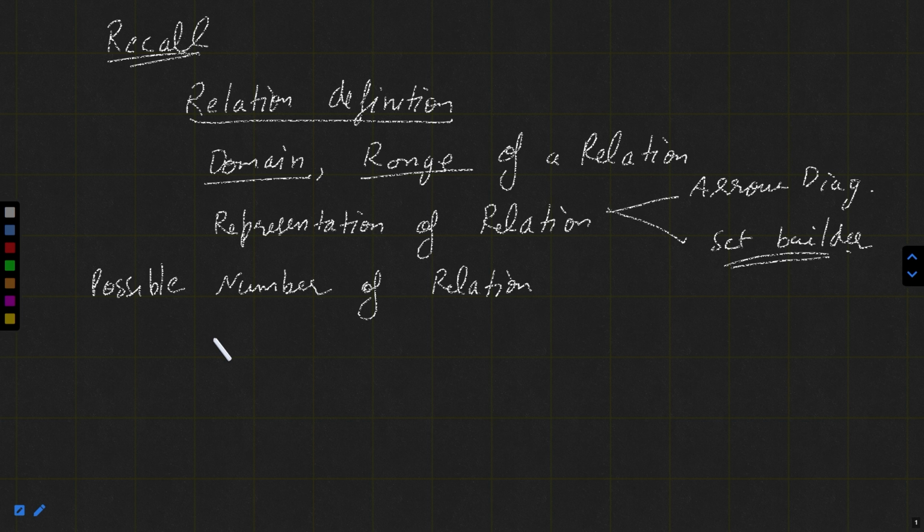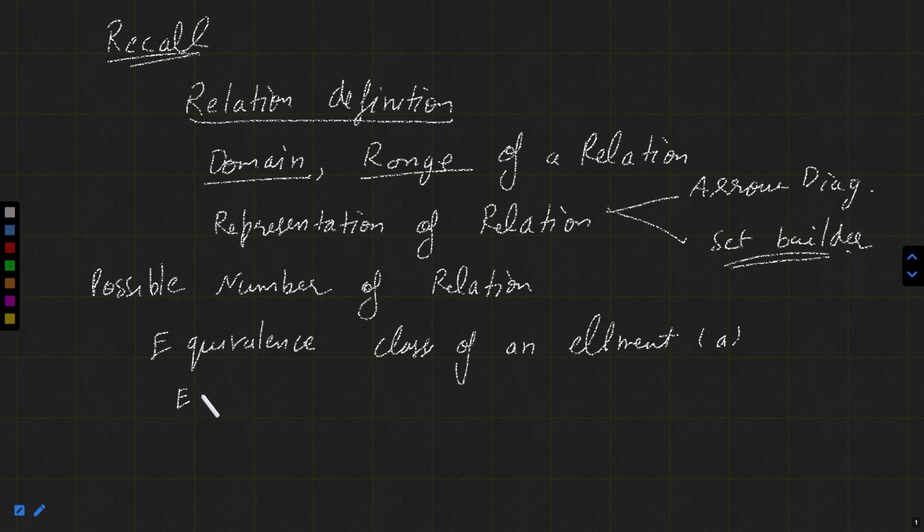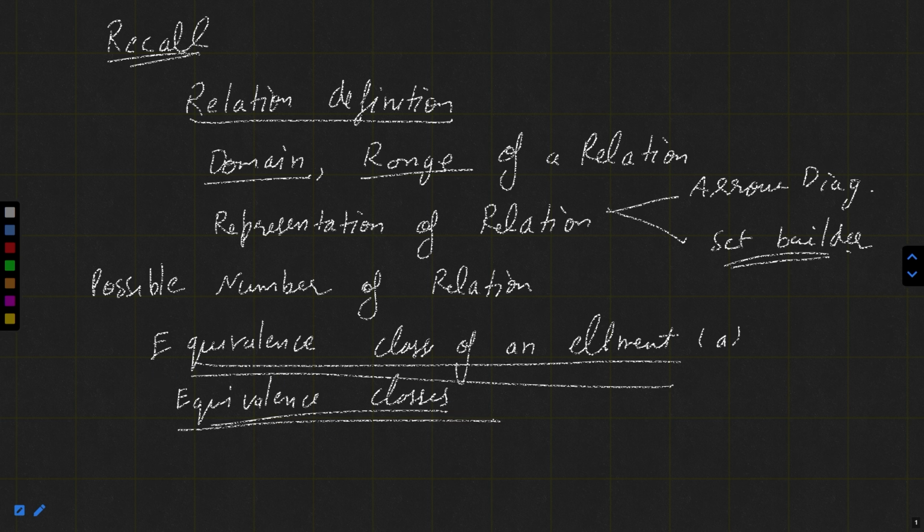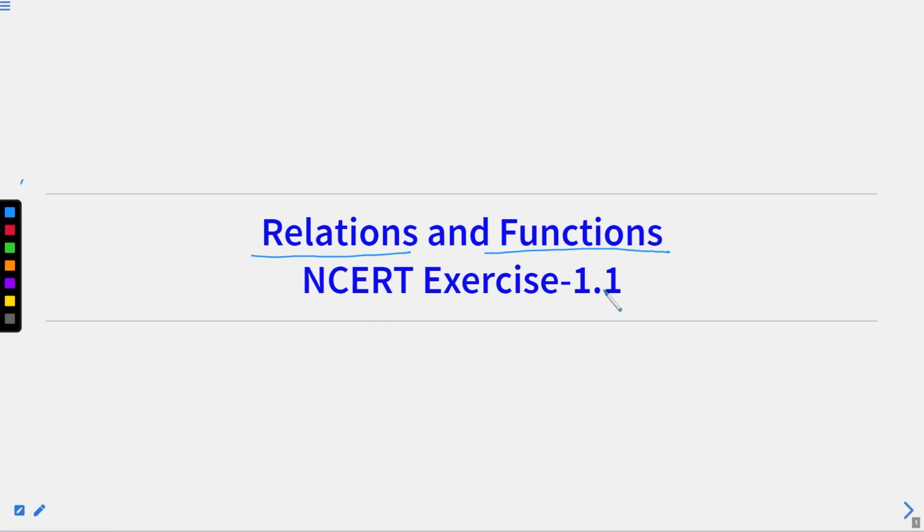And finally, the equivalence class of an element A and equivalence classes. Don't confuse them. So we saw all of these. Now, based on these, we will be seeing NCERT exercise 1.1.